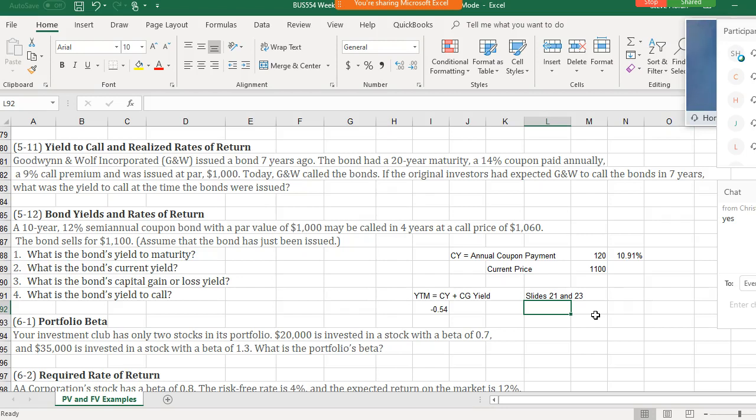That's really the goal of Chapter 6. We're going to move on to Chapter 7 next week, which is the stock chapter. So Chapter 6 is kind of a warm-up to the stock chapter.